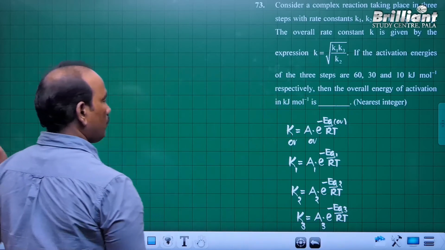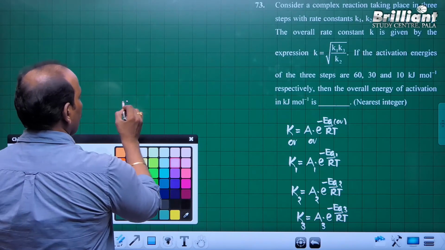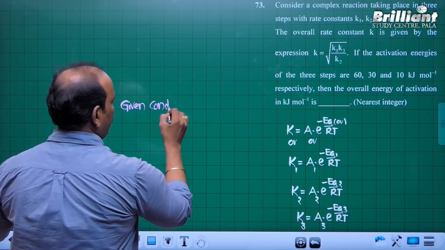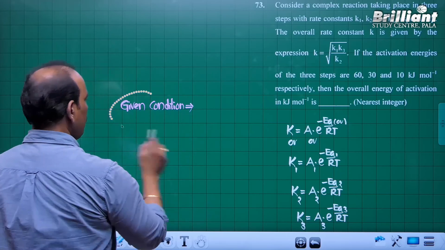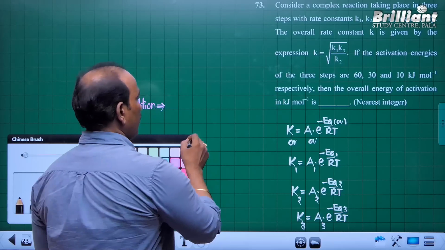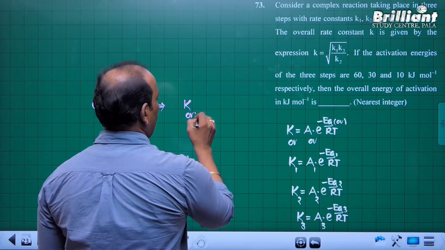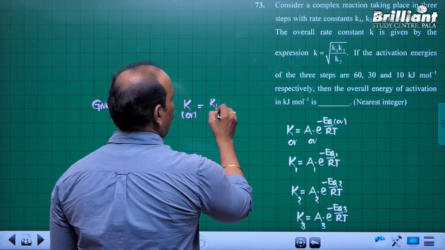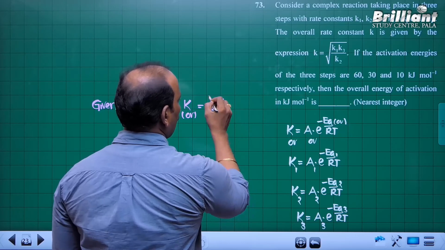Now, what is the given condition? The given condition is that the overall rate constant K equals under root K1 K3 by K2.